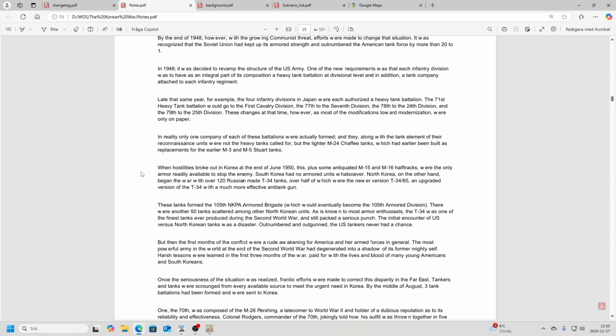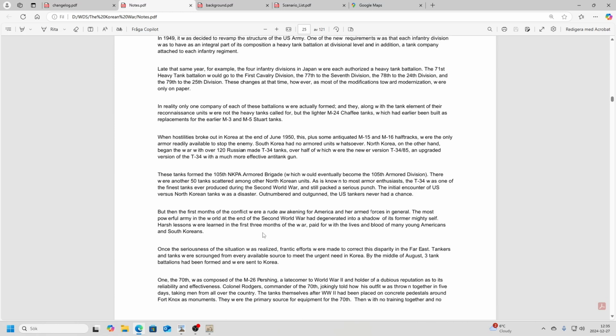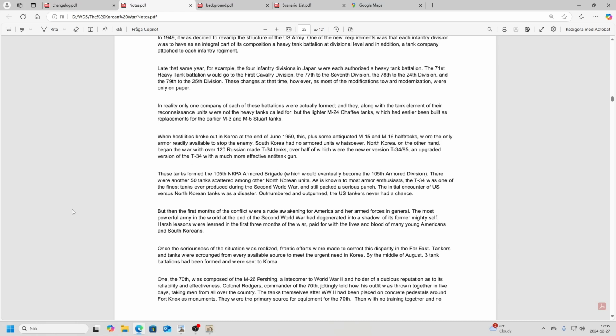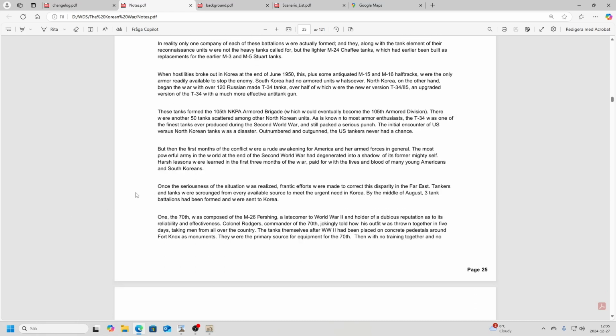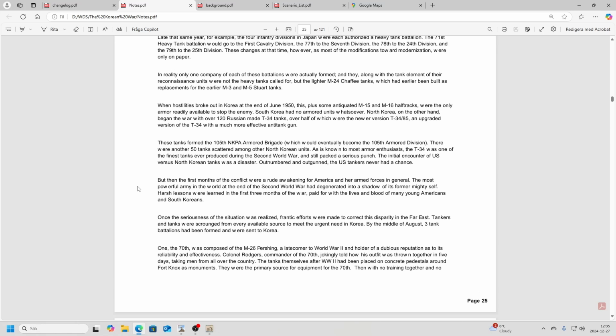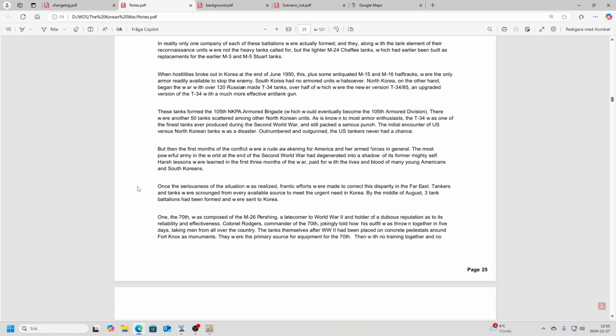North Korea, on the other hand, began the war with over 120 Russian T-34s, over half of which were the new version T-34-85, upgraded versions of the T-34 with a much more effective anti-tank gun. So they had a lot of tanks, and the South Koreans had basically nothing and didn't have good anti-tank capabilities either. They were really struggling there in the start.